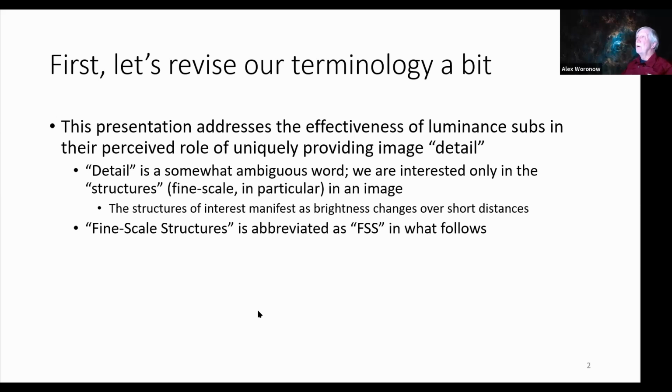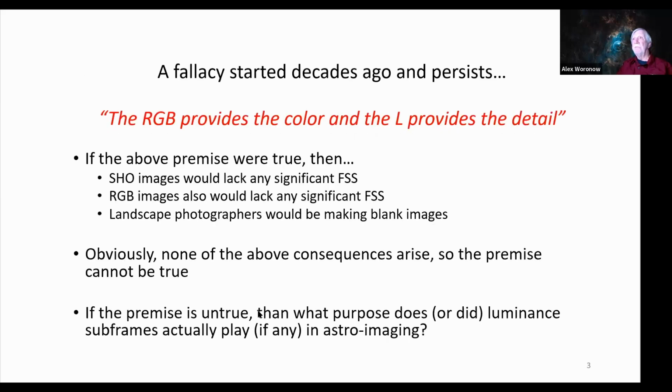I'm going to only be talking about the changes in brightness over the images, and I'm going to refer to that in all these slides as fine scale structures, abbreviated FSS. So that's what you'll see. If you prefer the word detail, that's fine.